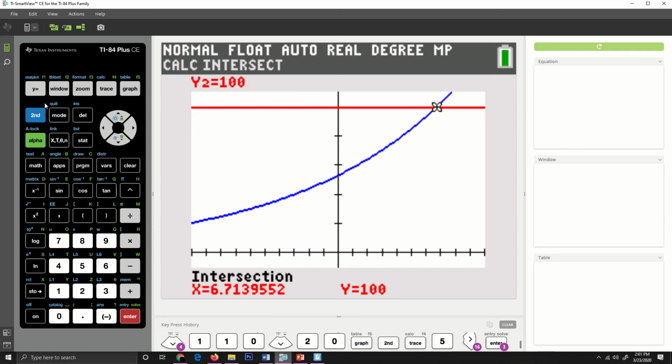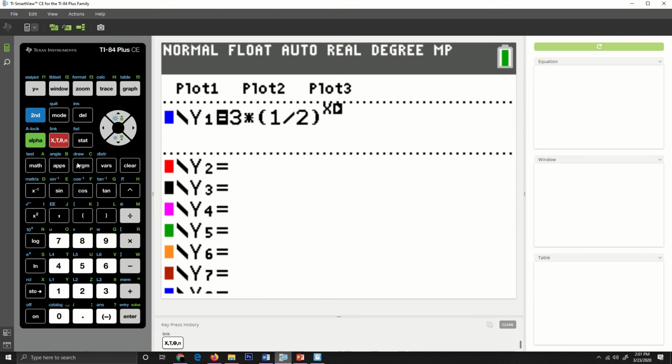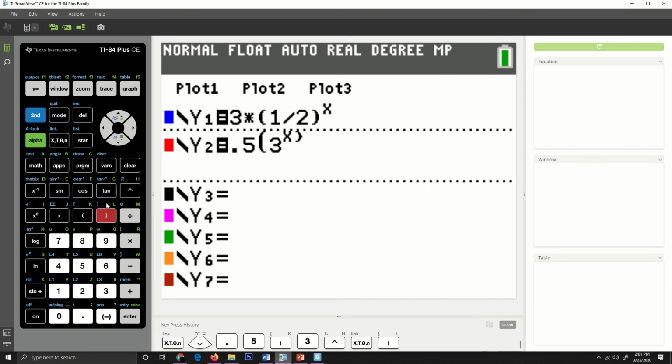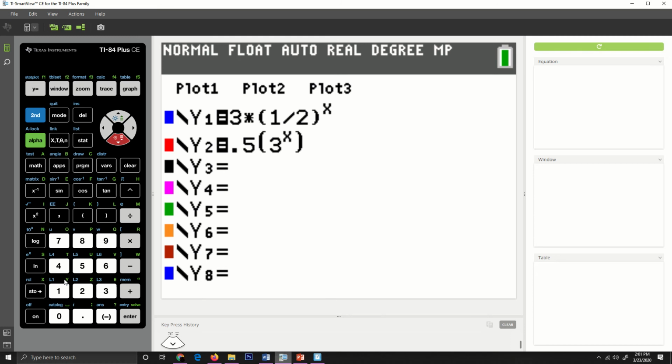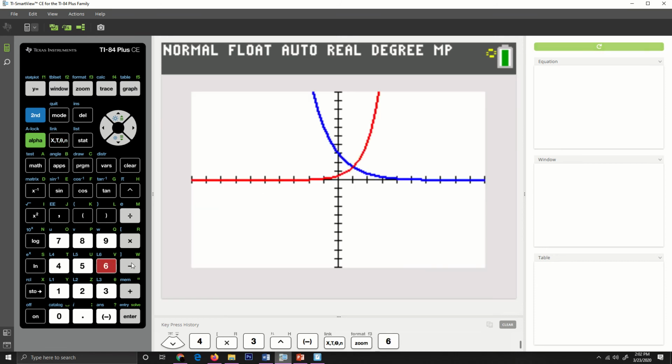If I grab my graphing calculator and clear out everything I have here, I go 3 times 1/2 raised to the x, and then 0.5 times 3 raised to the x, and then the last one was 4 times 3 raised to the negative x, and let's zoom that on a standard window.